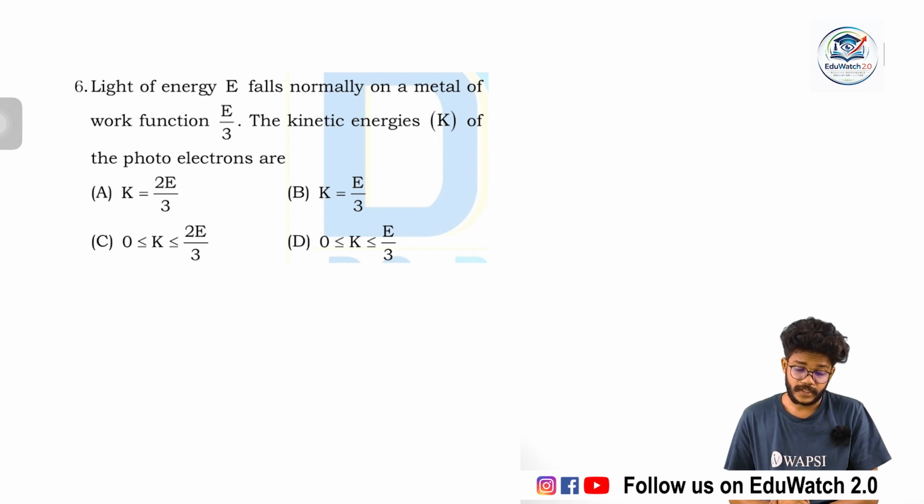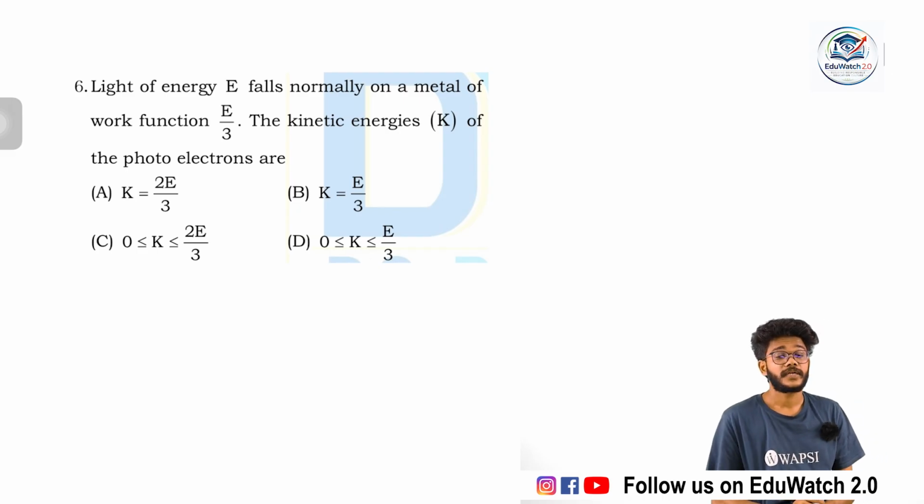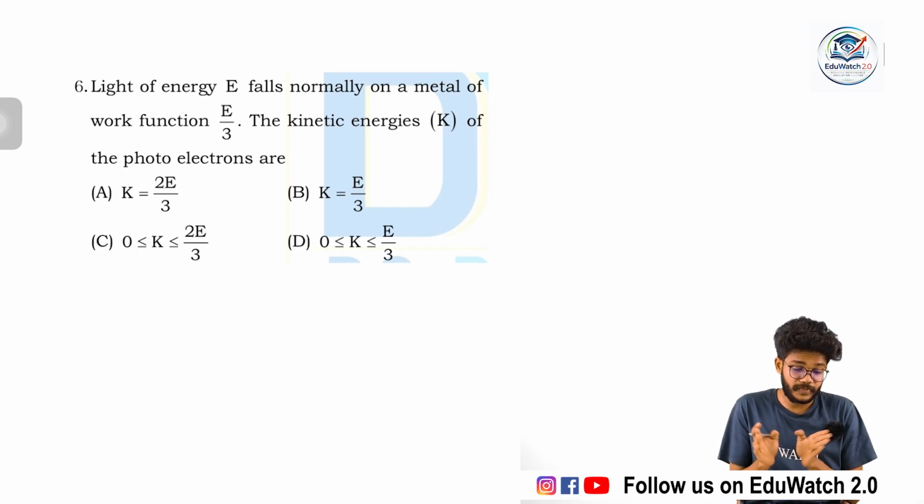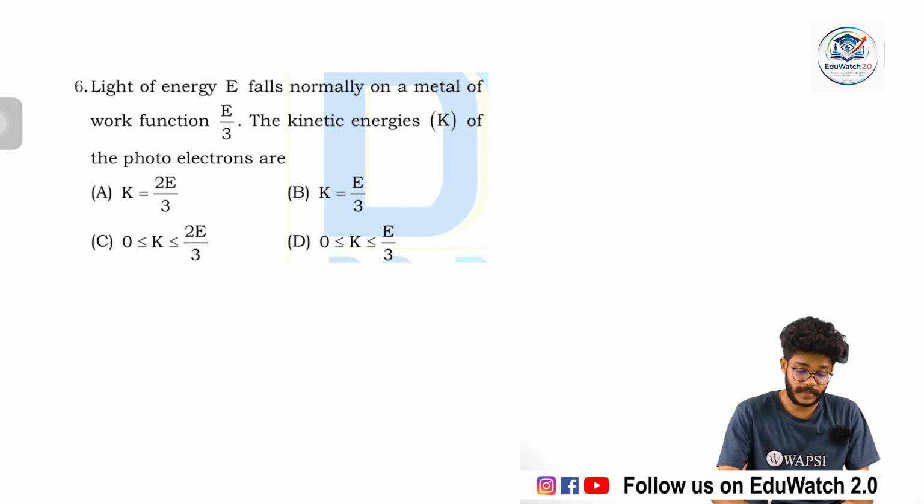Light of energy E falls normally on a metal of work function E by 3. That means the work function is given as E by 3, and we have to calculate the kinetic energy of the photoelectrons.